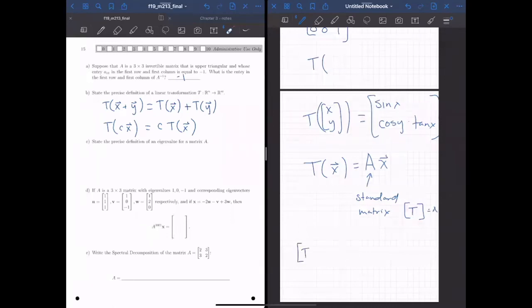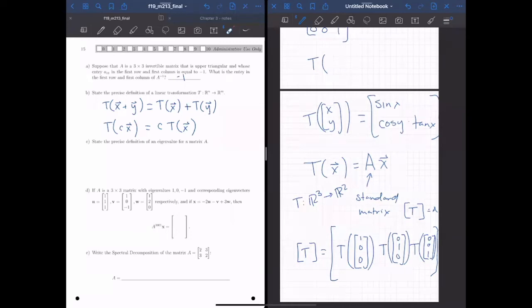And the way that you find the standard matrix, remember, is you take the unit basis vectors, the standard basis vectors. For example, if our transformation was from R3 to R2, I would take the standard basis vectors 1, 0, 0; 0, 1, 0; and 0, 0, 1, and plug each of those into my transformation.